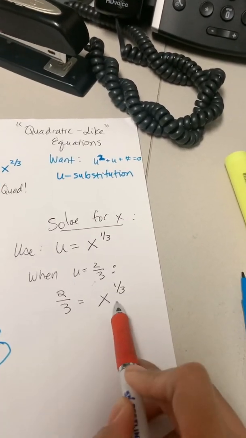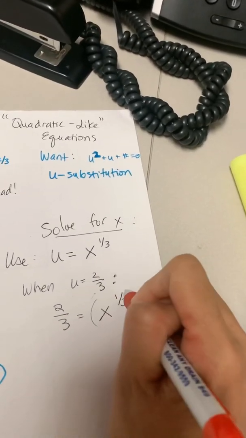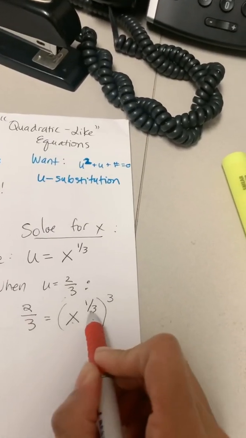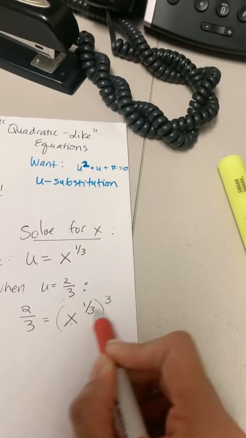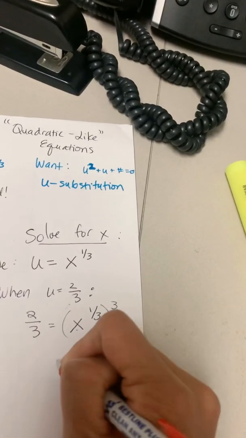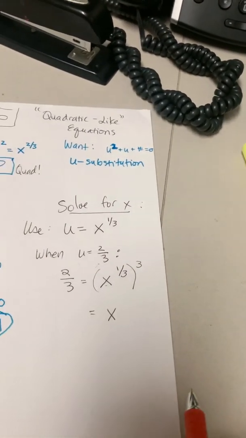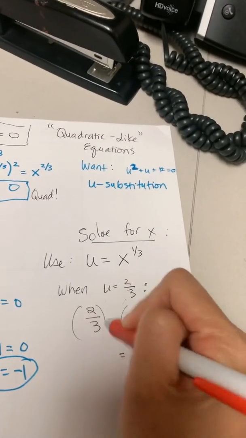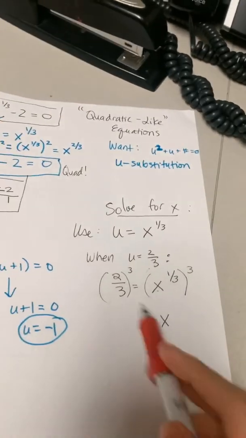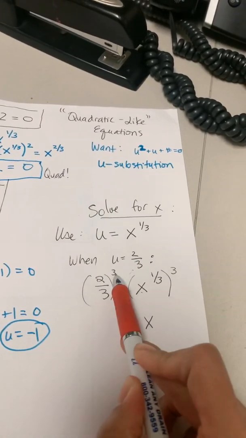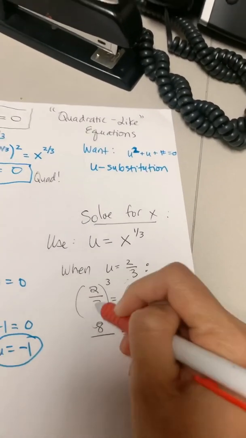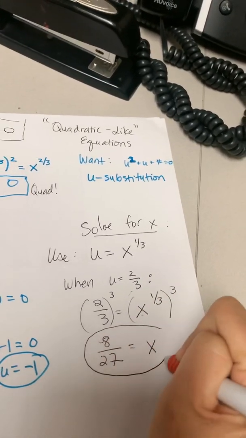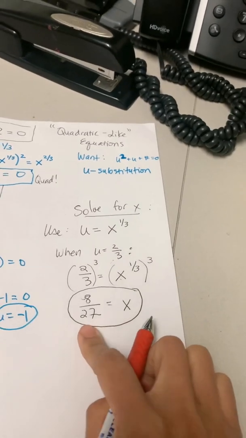To get to that point, I'm going to raise this to the 3rd power, because x to the 1/3 times 3 gives me x to the 1st power. And remember, whatever you do to one side, you must do to the other side. So I also raise this to the 3rd power. 2 to the 3rd is 8, 3 to the 3rd is 27. Ta-da! X is equal to 8/27.